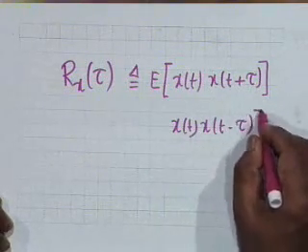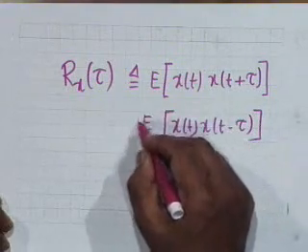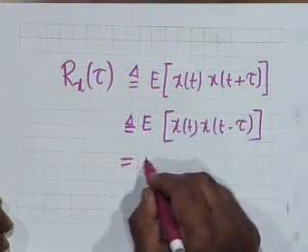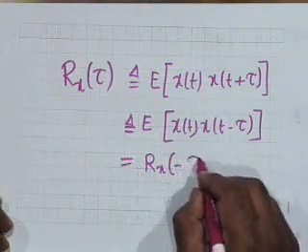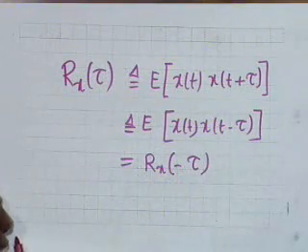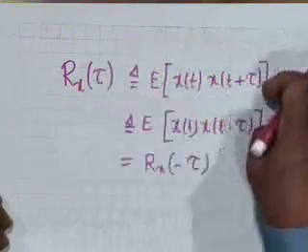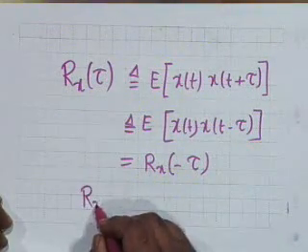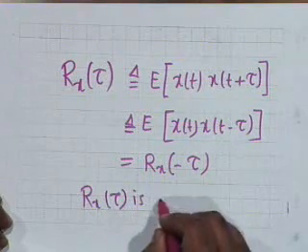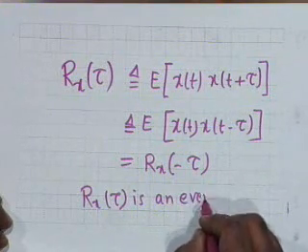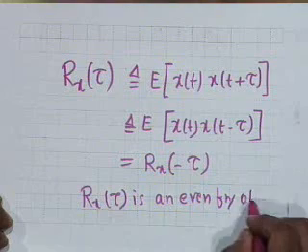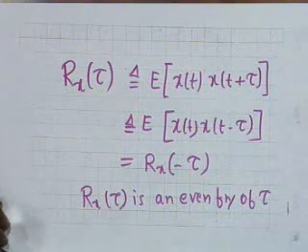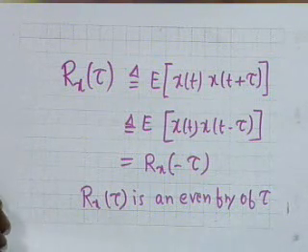No, it doesn't matter. And this immediately says that Rx of tau must be equal to Rx of minus tau. Isn't that right? If I call this Rx of tau, then this is Rx of minus tau, which means that Rx of tau is an even function of tau. A very simple proof. Rx of tau, the autocorrelation function, is an even function of tau.